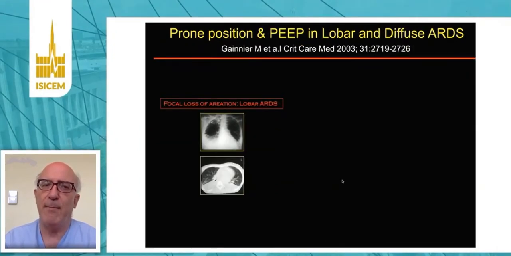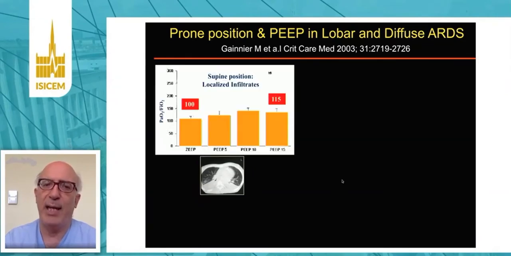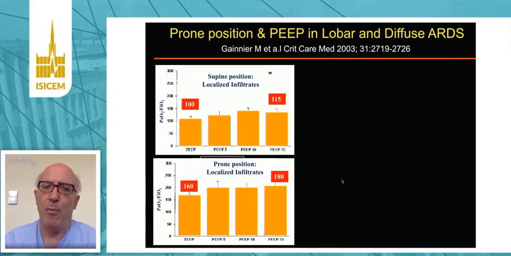So in presence of focal loss of aeration, lobar ARDS, when we increase the PEEP, we have a minimal improvement in oxygenation. On the other side, prone position is associated with a major improvement in oxygenation, which is not affected by PEEP in prone position.